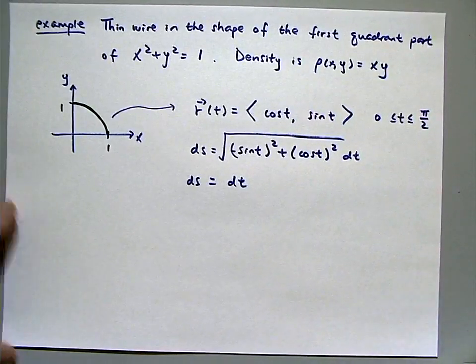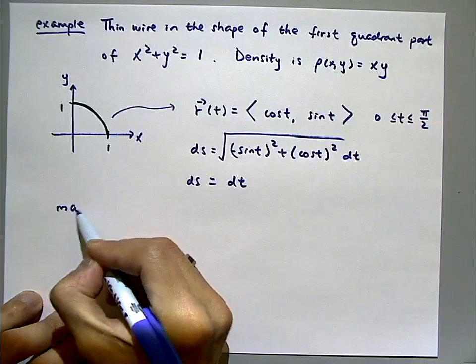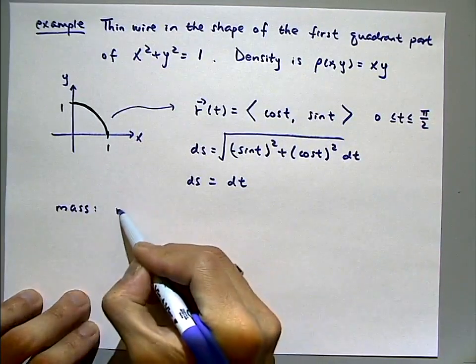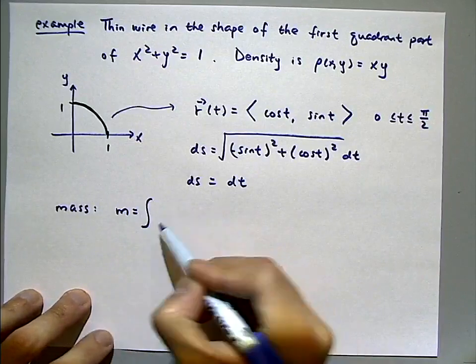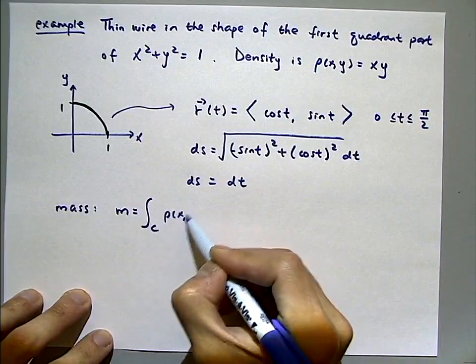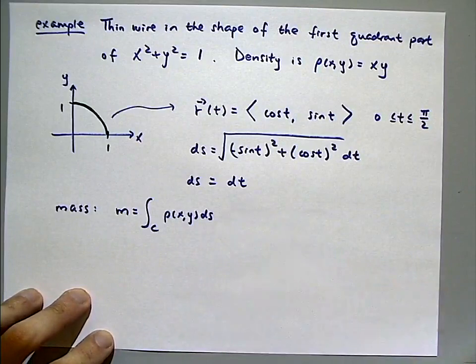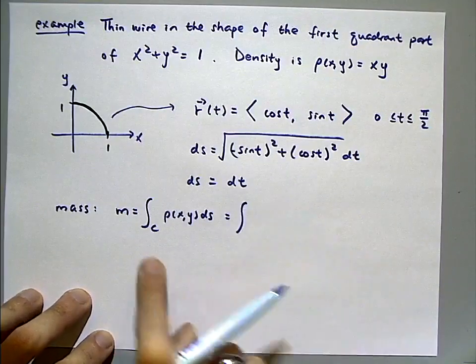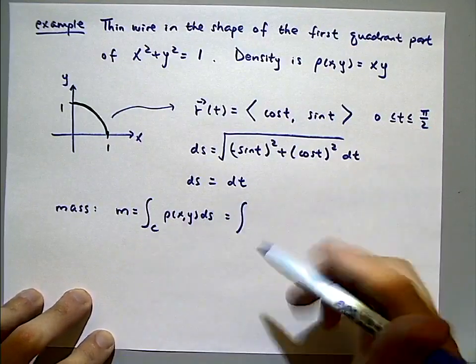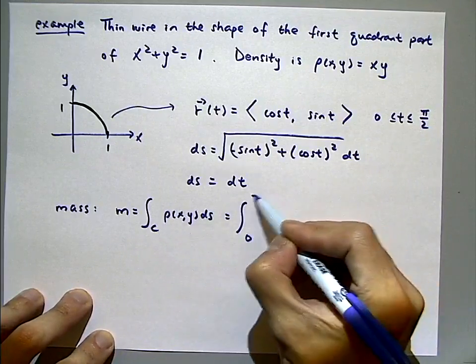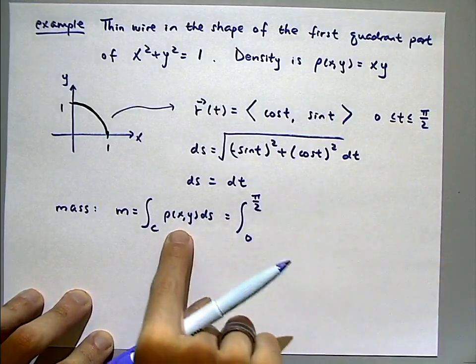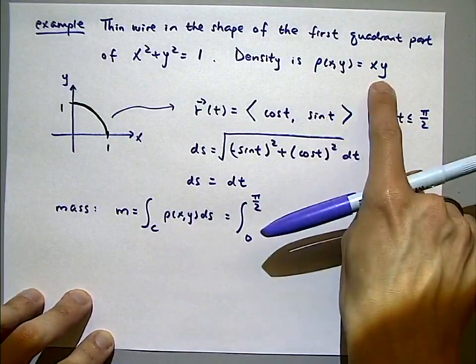Let's calculate the mass. We parameterize to use t. So we go from 0 to pi over 2. The density is x times y.